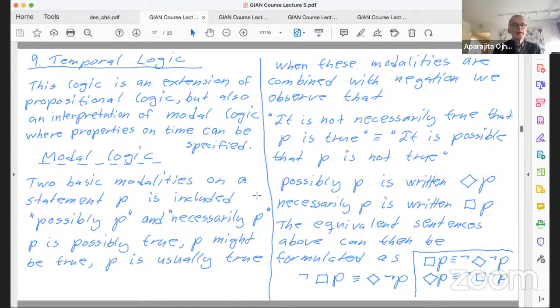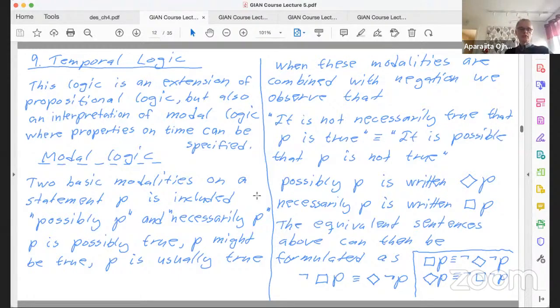In modal logic, there is one additional aspect: there are 2 basic so-called modalities. That means that a statement P includes the possibility to say, well, it's absolutely sure that P is true, or it is possible that P is true, but there is some kind of uncertainty around this.